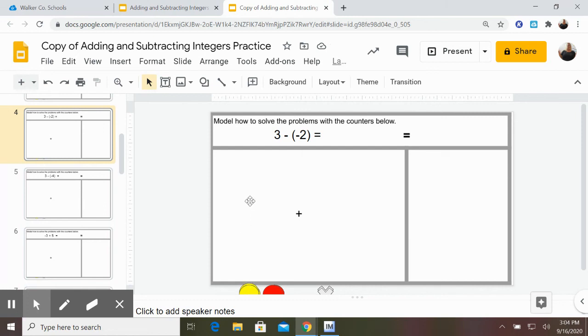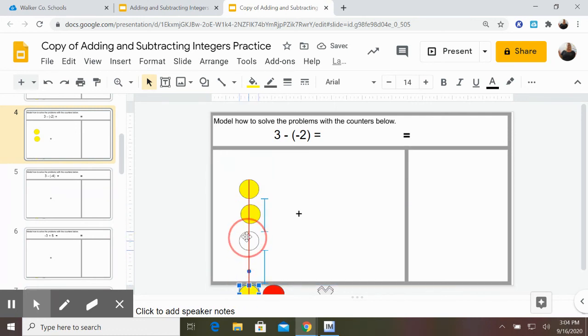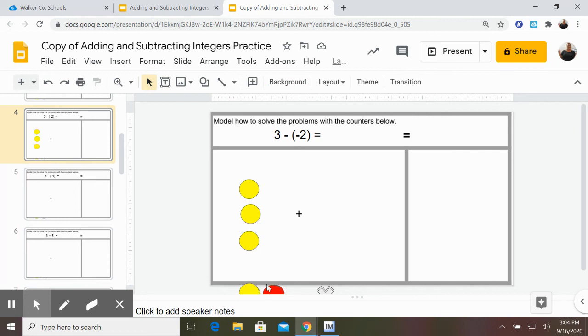So I would do positive 3, and then I want to take away negative 2. I don't have negative 2 to take away, so I would have to do it like this. Make zero pairs: 1, 2.